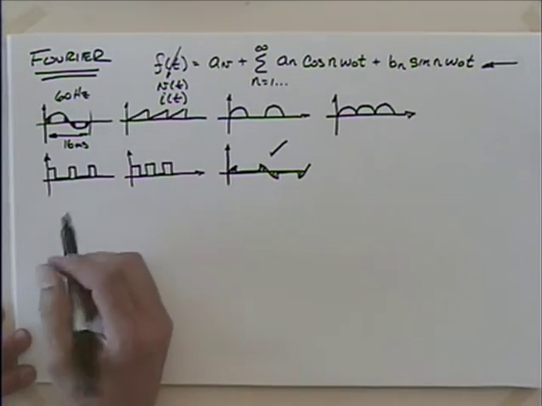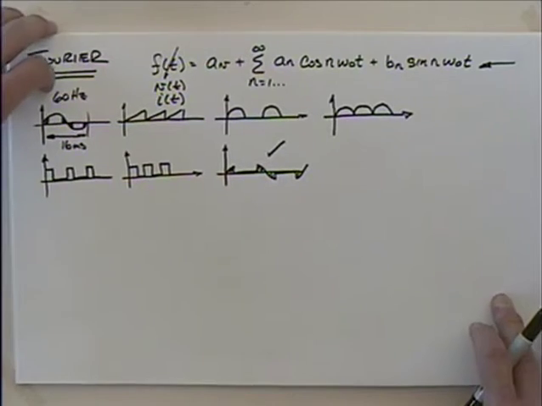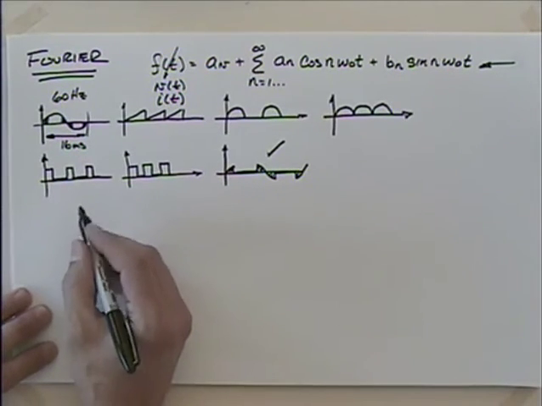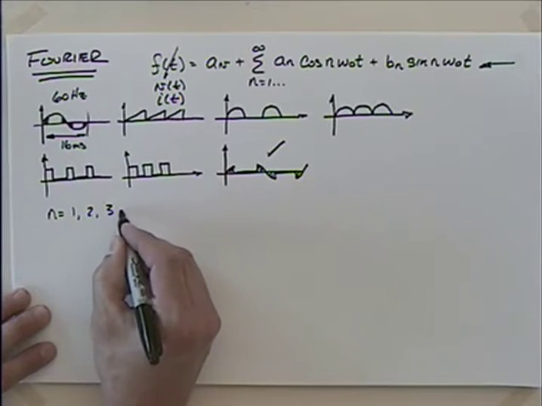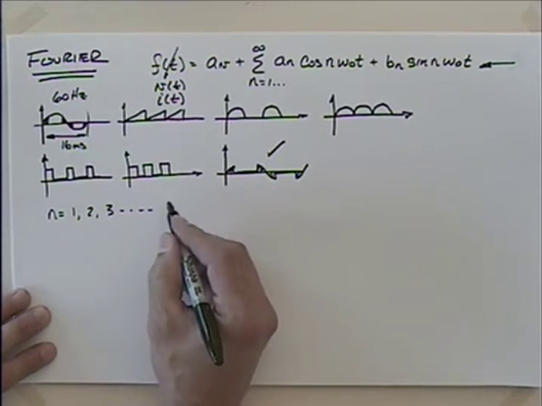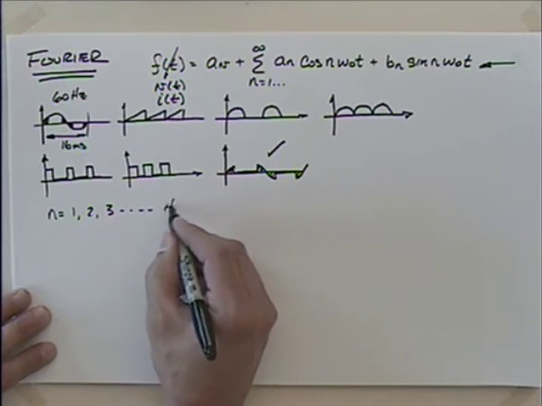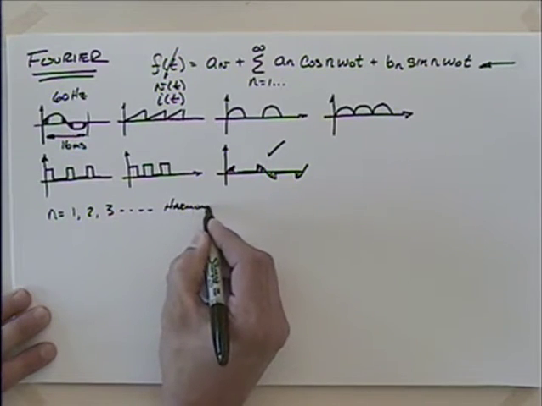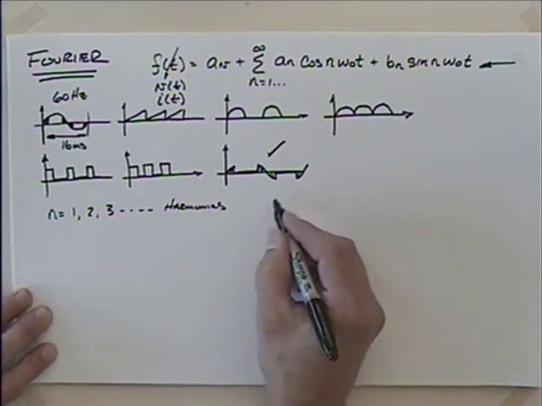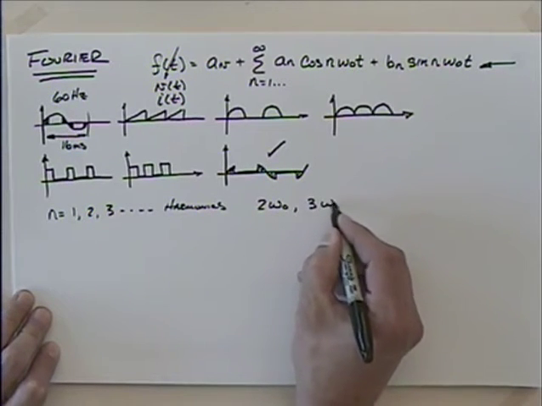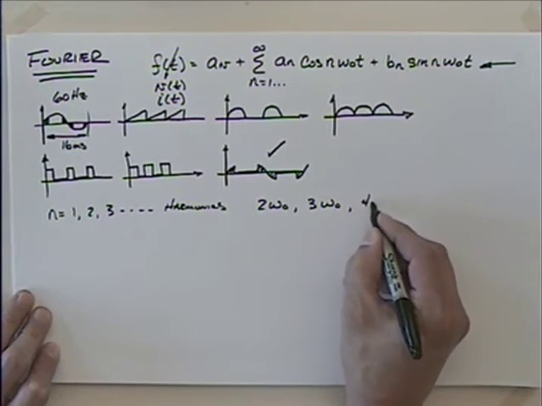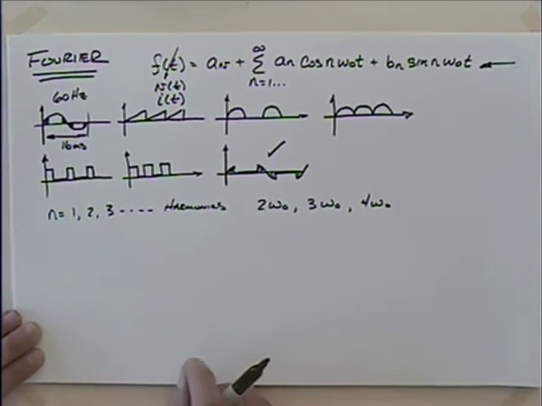A few definitions that we should probably talk about. We could talk about n equals 1, 2, 3, and so on. These are the harmonics. So when we talk about 2 omega naught and 3 omega naught and 4 omega naught, those are our harmonics terms.